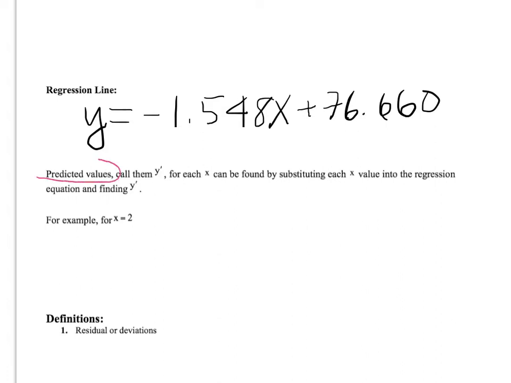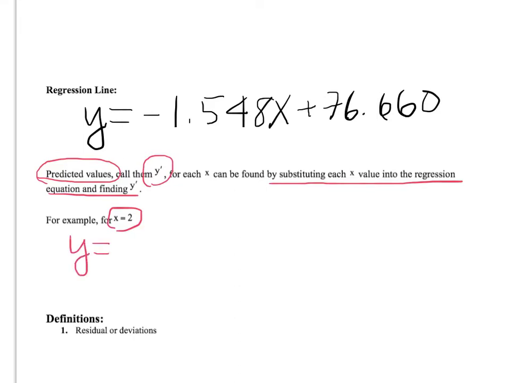Okay, and these predicted values, we're going to use y prime, can be found for each x by substituting each x into the regression line. Okay, so for example, I can find a predicted value for x equal to 2. And I'm going to do that by letting x be 2 in my regression line.